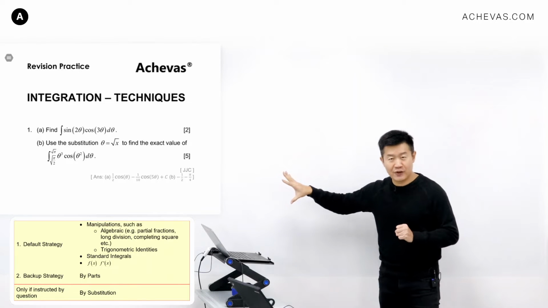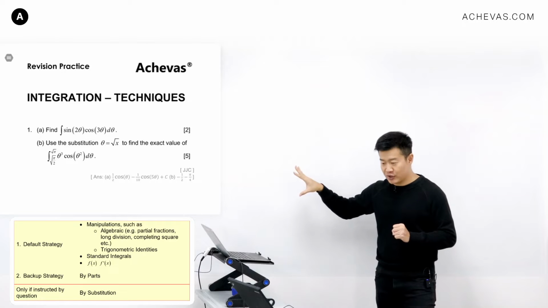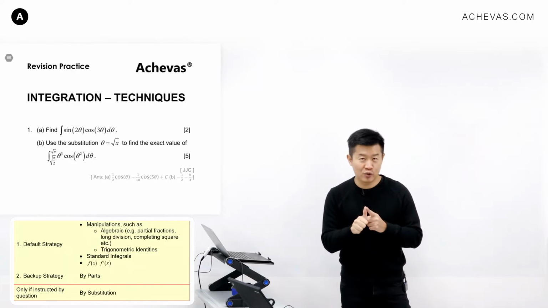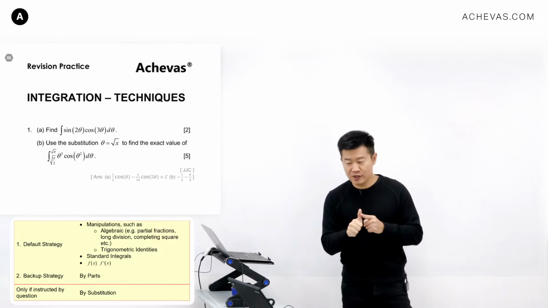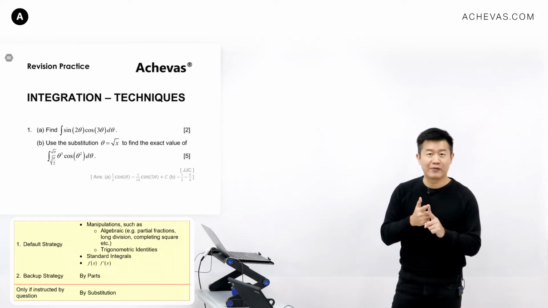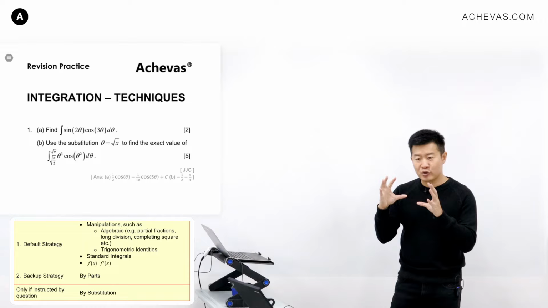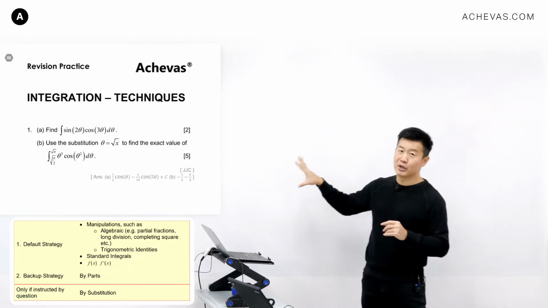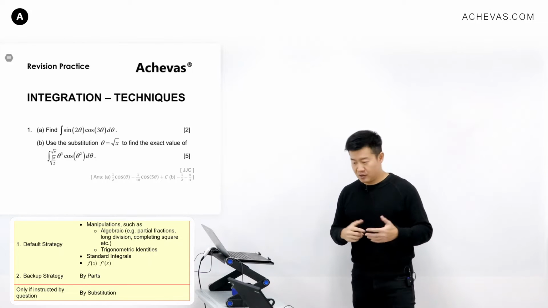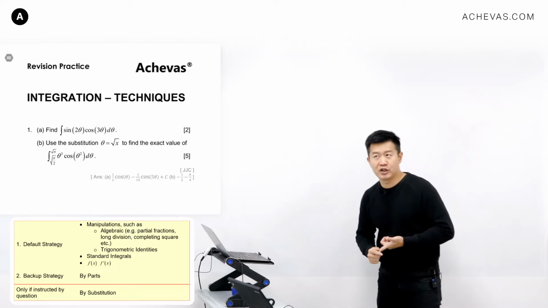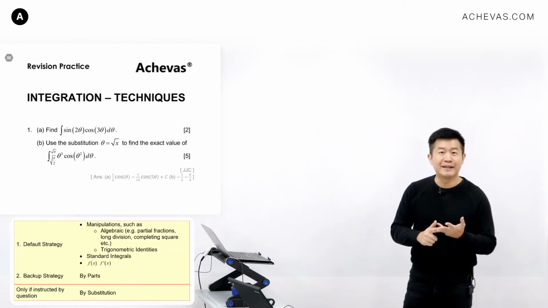By default, if I'm planning to do a round of integration, I'm going to try to see whether I can integrate based on standard results, or try to integrate using f(x), f'(x). This means that when I look at an integral, I'm going to ask myself whether I can do some manipulations, for example partial fractions, long division, completing the square.